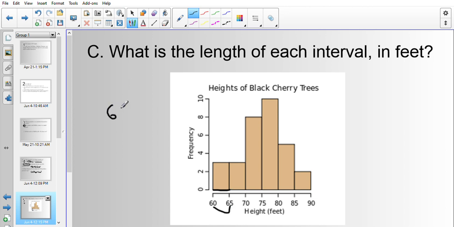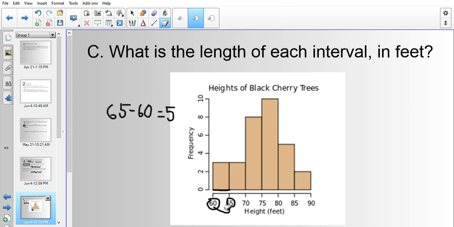Well, I could find that by taking this second number and subtracting the first. And 65 minus 60 is 5. So I know the interval is going to be 5 feet.